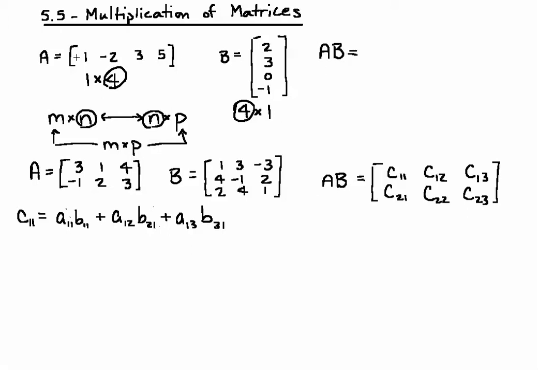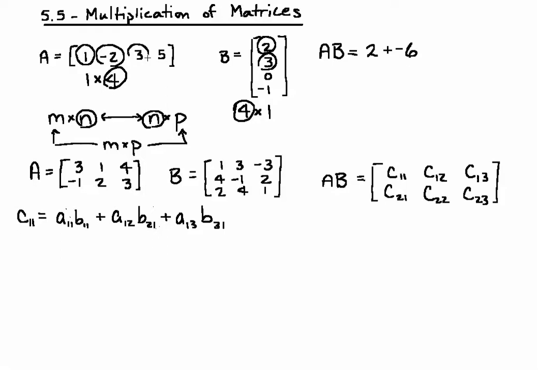We're going to take our first entry of the first row, multiply by the first entry of the first column. 1 times 2 is 2. That's plus the second entry of the first row times the second entry of the first column. Negative 2 times 3 is negative 6.